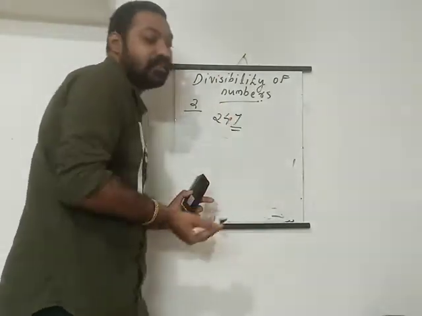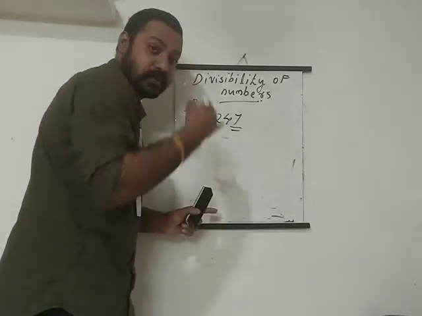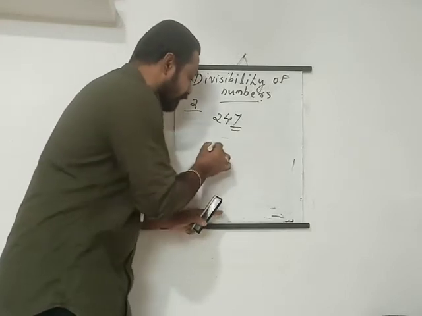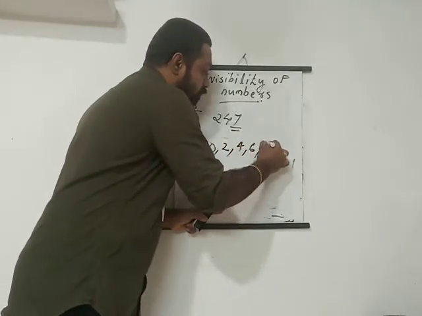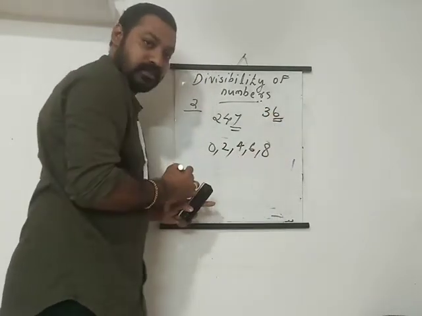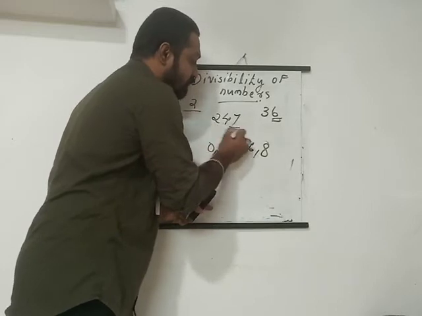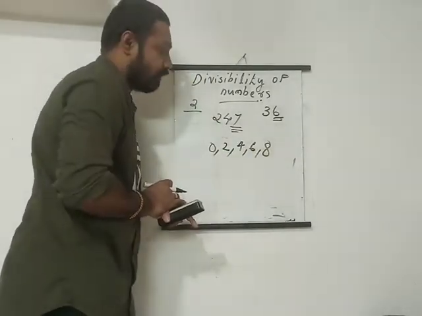Instead of that, we can see that a number is divisible by 2 only if it ends with 0, 2, 4, 6 or 8. You can see that 36 ends with 6, but 247 ends with 7.